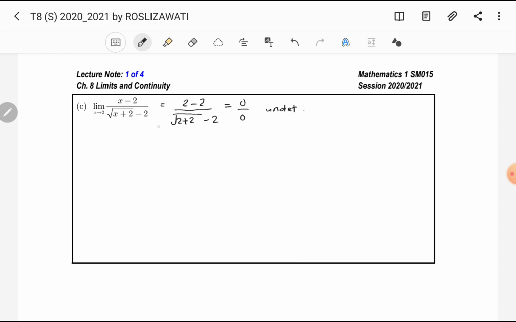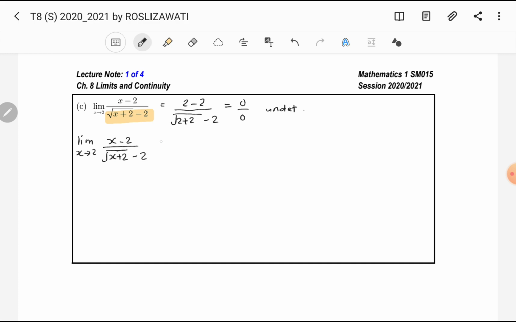Yeah? Okay, so for this case, the function is related to root dan root duduk dekat bawah tu. Okay, so we have limit x minus 2 divide by root x plus 2 minus 2 as x approaches 2.